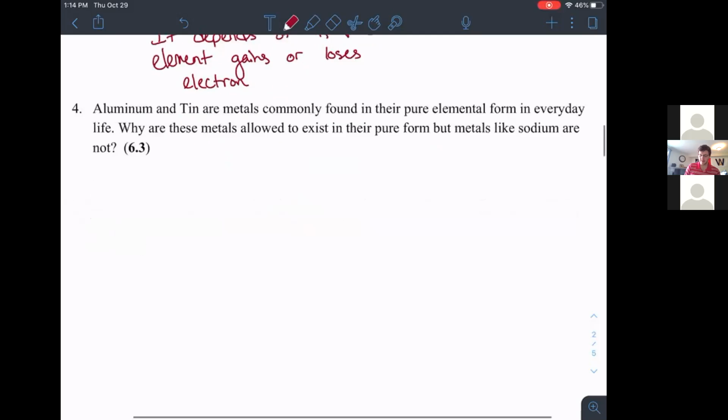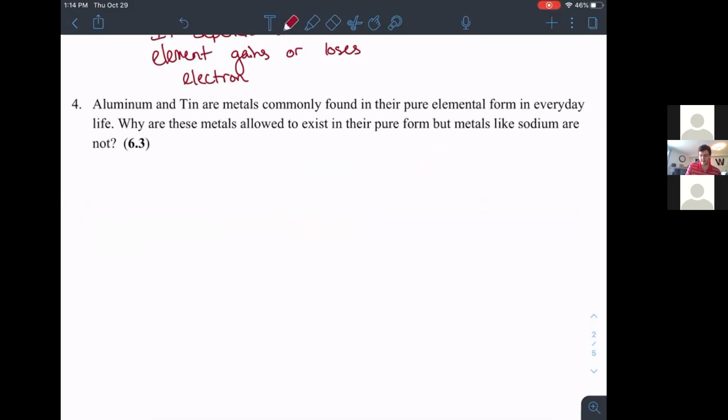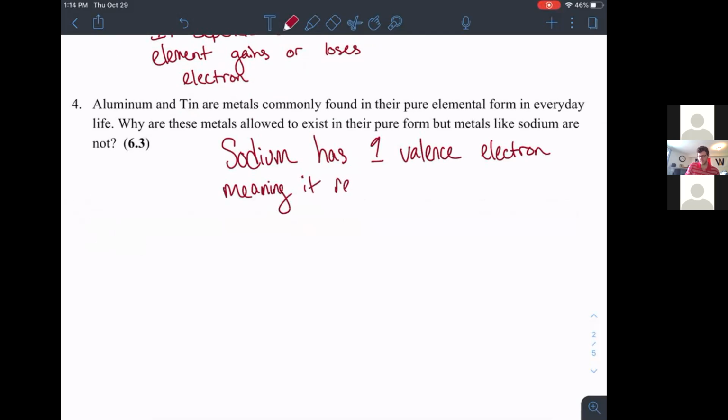For this one, I was looking for you guys to explain something along the lines of sodium has 1 valence electron, meaning it reacts quickly to get rid of its valence electron to have a full outer shell.